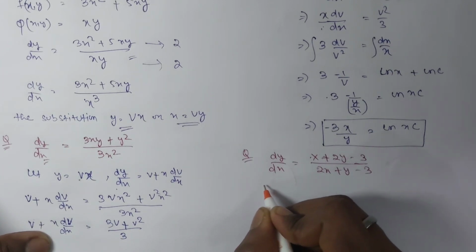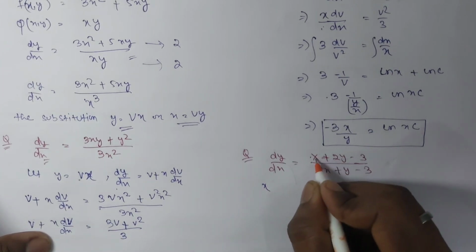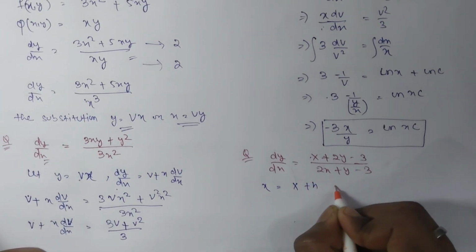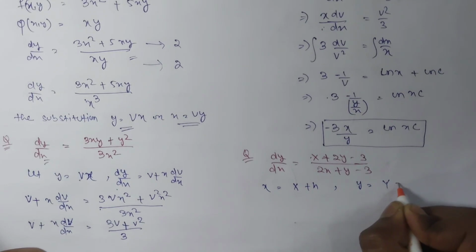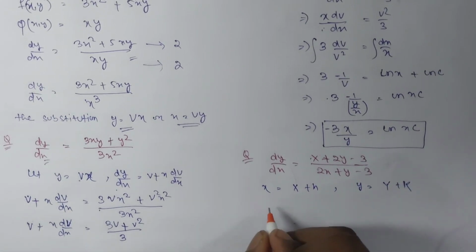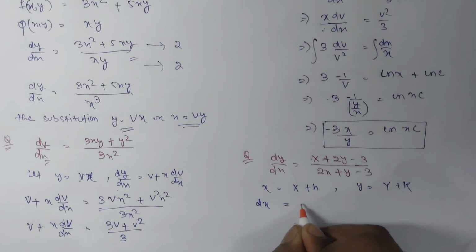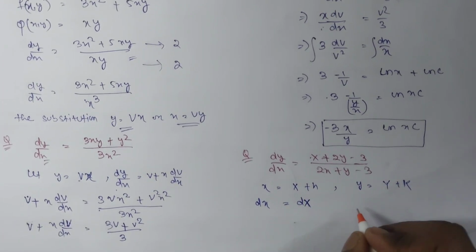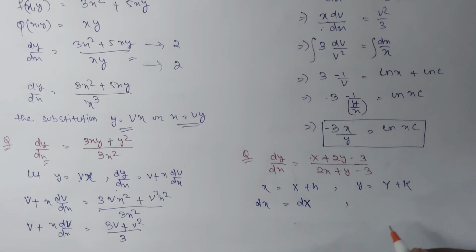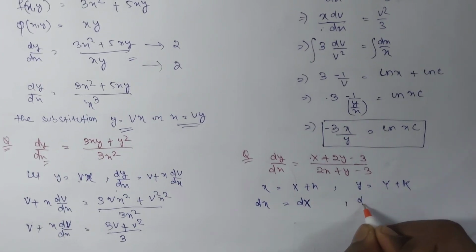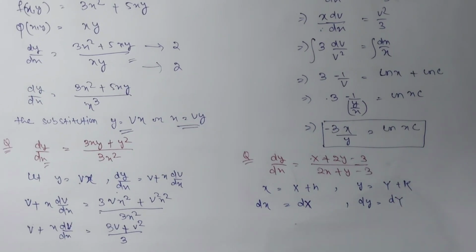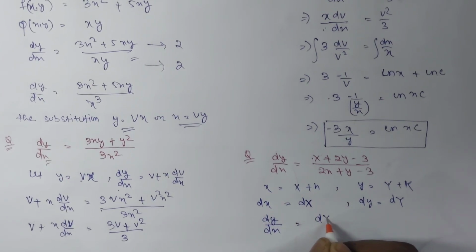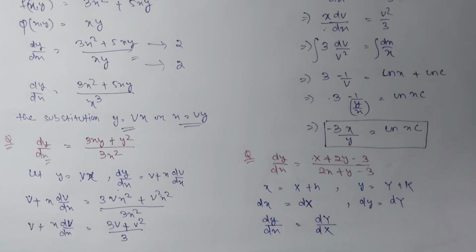Let us take x equals capital X plus h, and y equals capital Y plus k, where h and k are arbitrary constants. Then dx equals dX and dy equals dY, so dy by dx equals dY by dX.